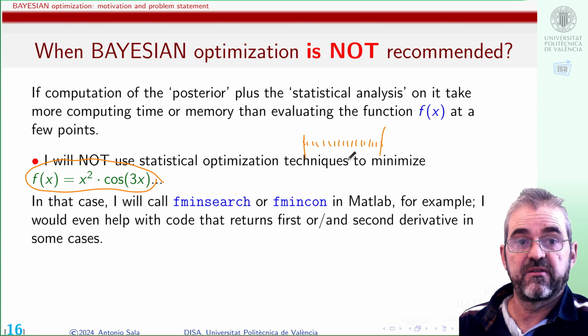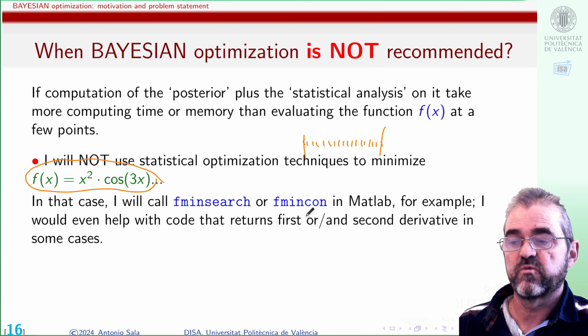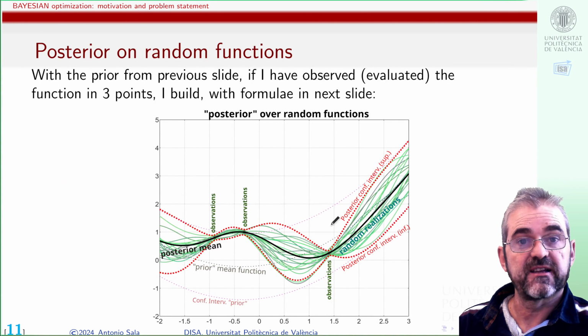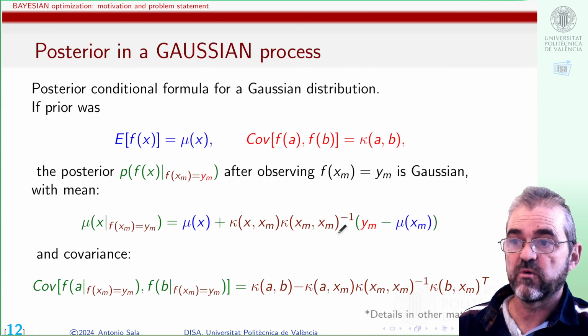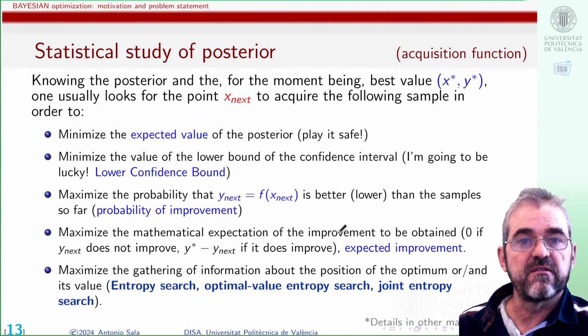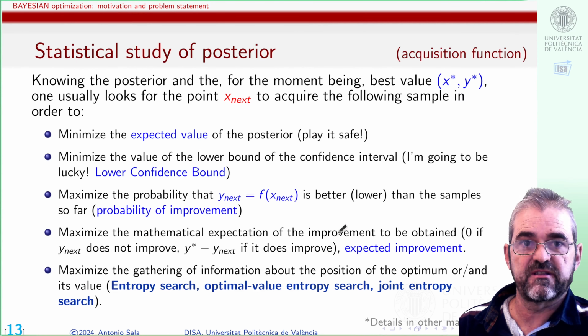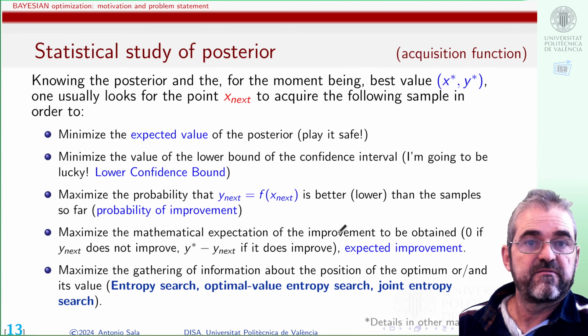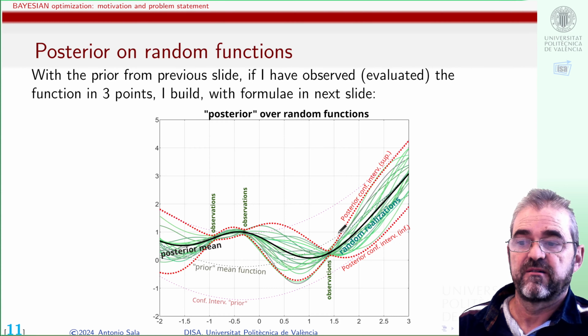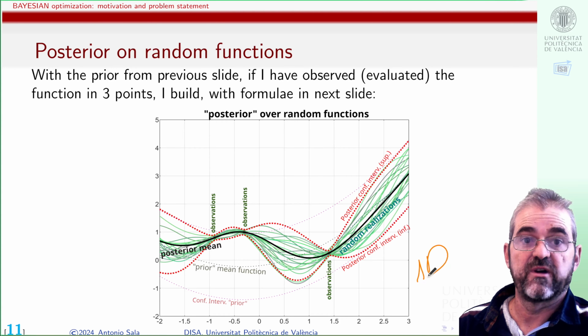So in tutorial videos, you would do Bayesian optimization with this stuff, but not in realistic applications, of course. And then regarding the realistic applications, well, the idea is that these posterior statistical models with this formula and these 8 different ways of doing the statistical analysis of the posterior are somehow fast and efficient and accurate if the number of decision variables, well, in this case, is just one-dimensional.